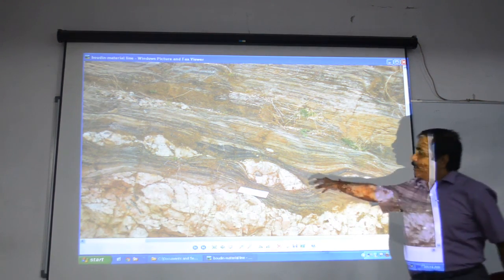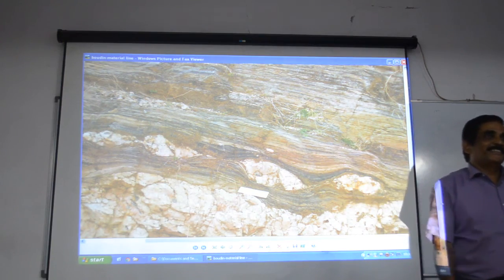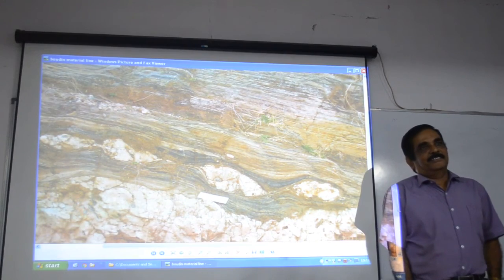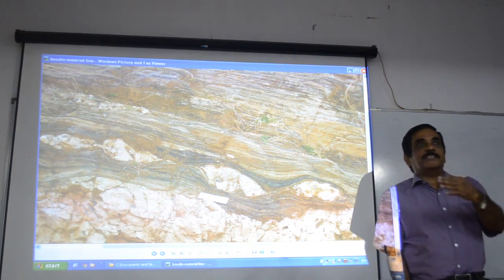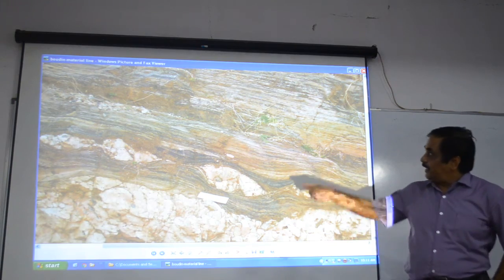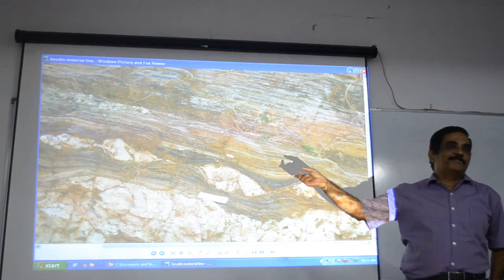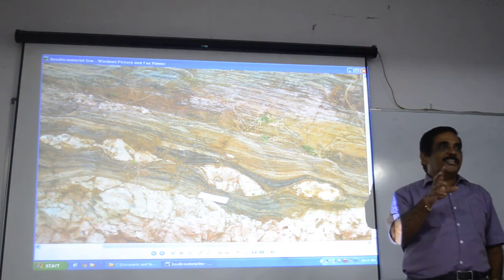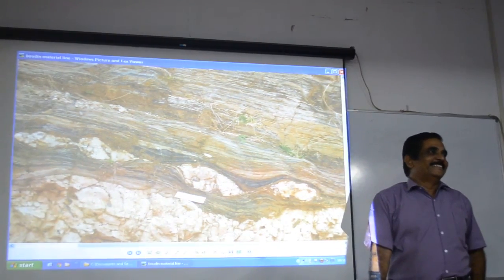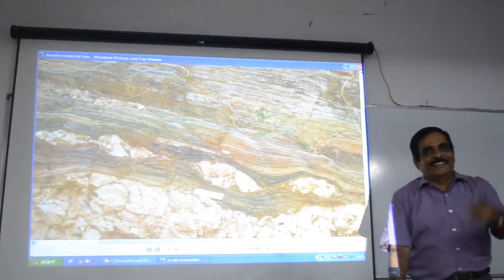Now tell me, what is the shape of these boudins? They are lensed. Once you are asking what is the difference between the augen and the boudin. So this looks like an eye, na? Eyes are always lensed. No rectangular eye is there in the world. But boudins are rectangular.